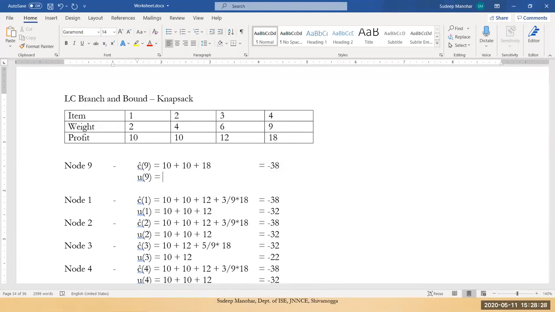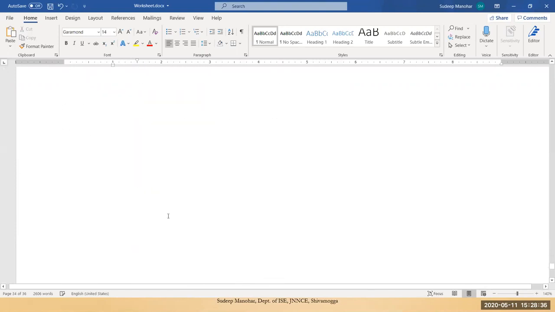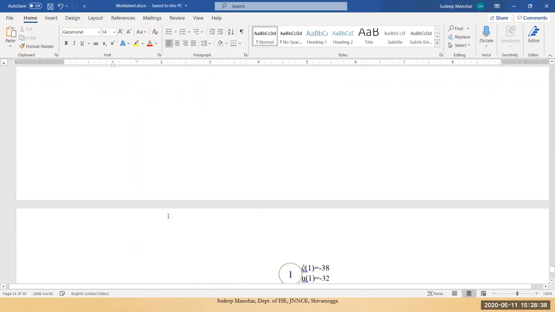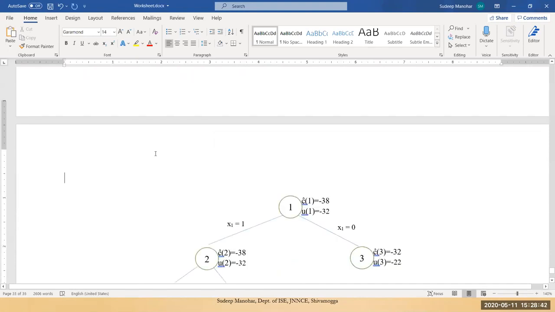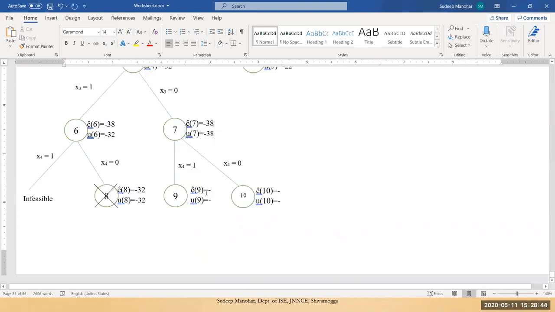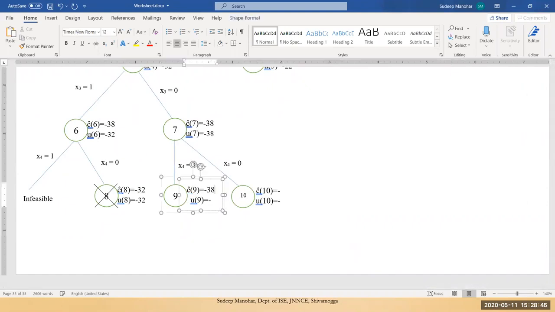Next, without fraction also it is the same. Therefore, U of 9 is also minus 38. So we'll write it here. You'll get minus 38. This is also minus 38.